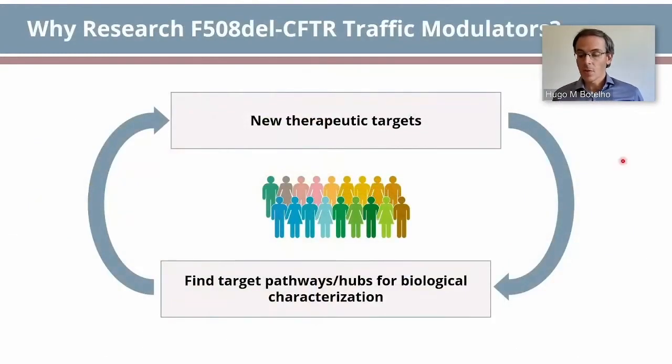Systems biology techniques are invaluable for the discovery of novel CFTR-regulated genes. They allow not only the identification of new therapeutic target genes, but also the biological pathways or hubs potentially relevant in CFTR rescue. Eventually, this preclinical biomedical research is expected to benefit individuals with CF by providing novel and more effective therapeutic solutions.